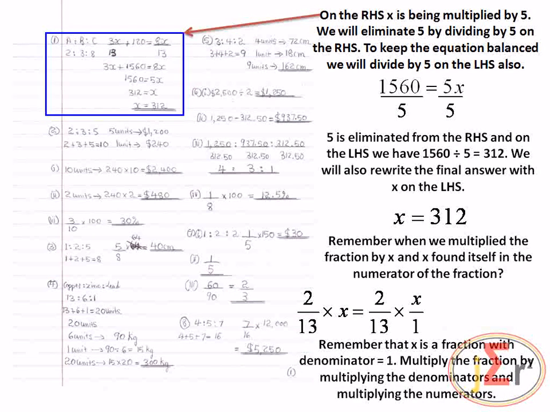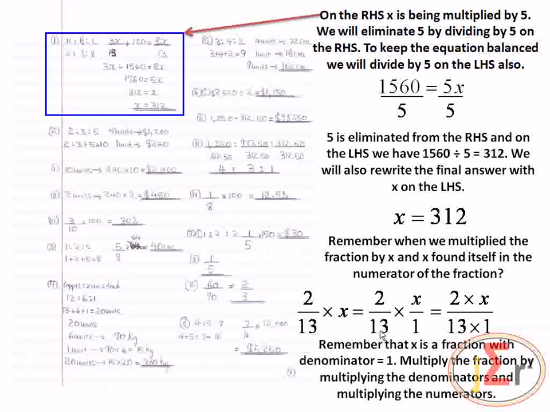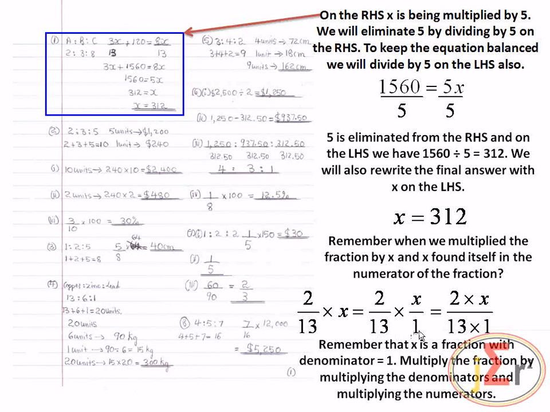Multiply the fractions by multiplying the numerators and multiplying the denominators. So this x is a fraction, x over 1. Multiply these two by saying what? 2 times x, and multiplying the denominators, 13 multiplied by 1. So 2 times x is 2x, and 13 times 1 is 13. So we have 2x over 13.